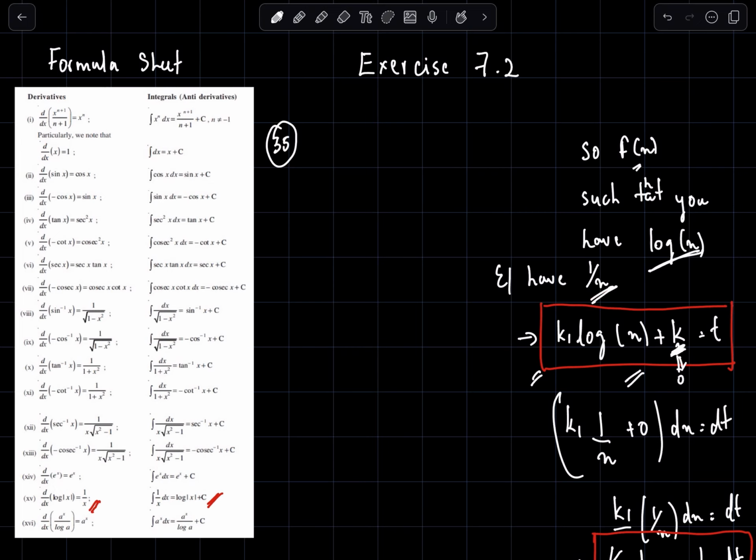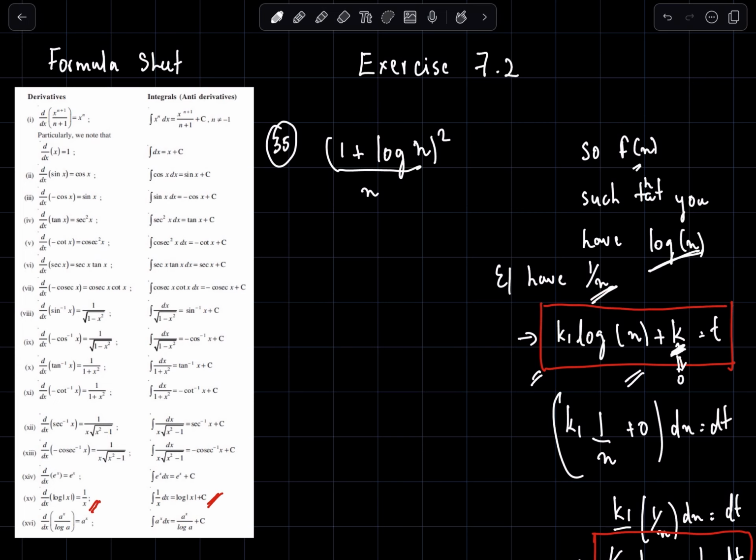So let's go. 35 is 1 plus log x, the whole square, divided by x, which is kind of similar to the second one we just did. It's just that 1 plus is added, otherwise it's the same thing. We'll do it anyways.